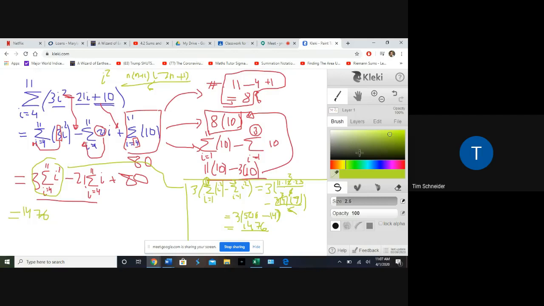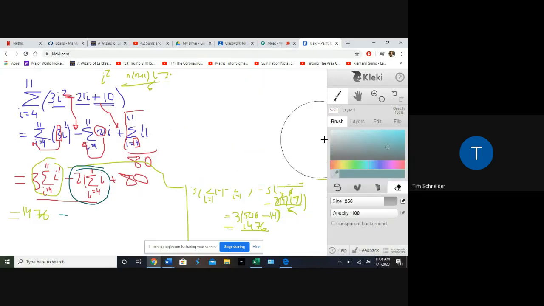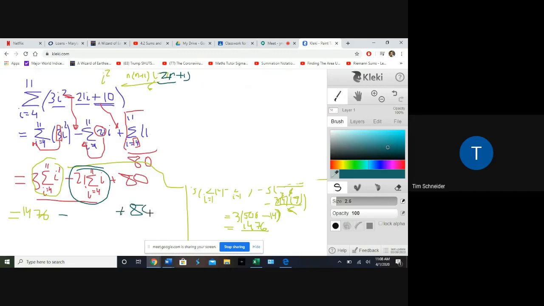1476. And then we are going to do another color. Let's do more of this color, darker. Okay, minus, now this part we have to do as well. Oh boy, okay, so that's what we're still doing here, but we're just doing it with different numbers. And there's a plus 80 right here.